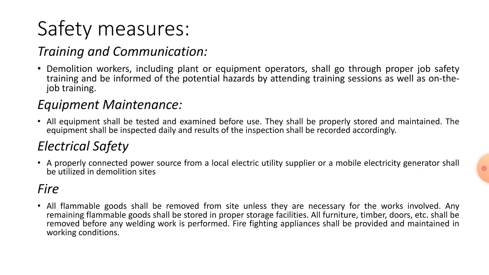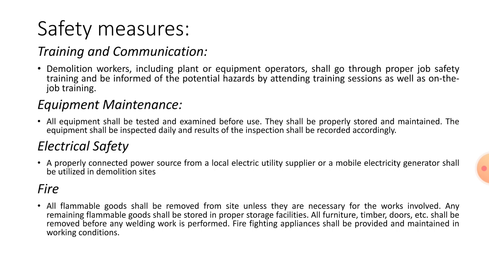The safety measures, what sort of safety should be followed while demolishing a structure, are like this. Training and communication: demolition workers including plant or equipment operators shall go through proper job safety training and be informed of the potential hazards by attending training sessions as well as on-the-job training.